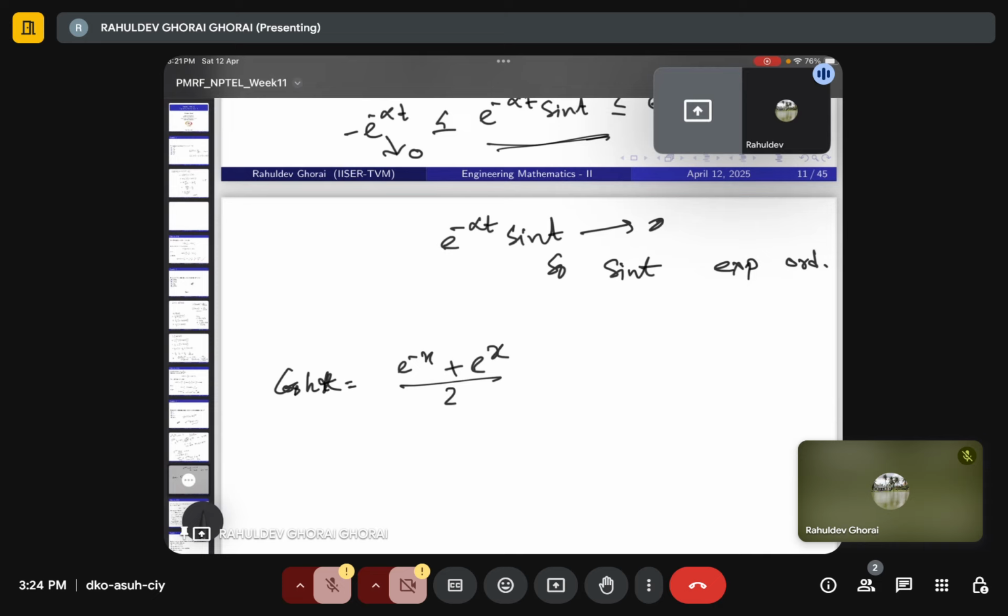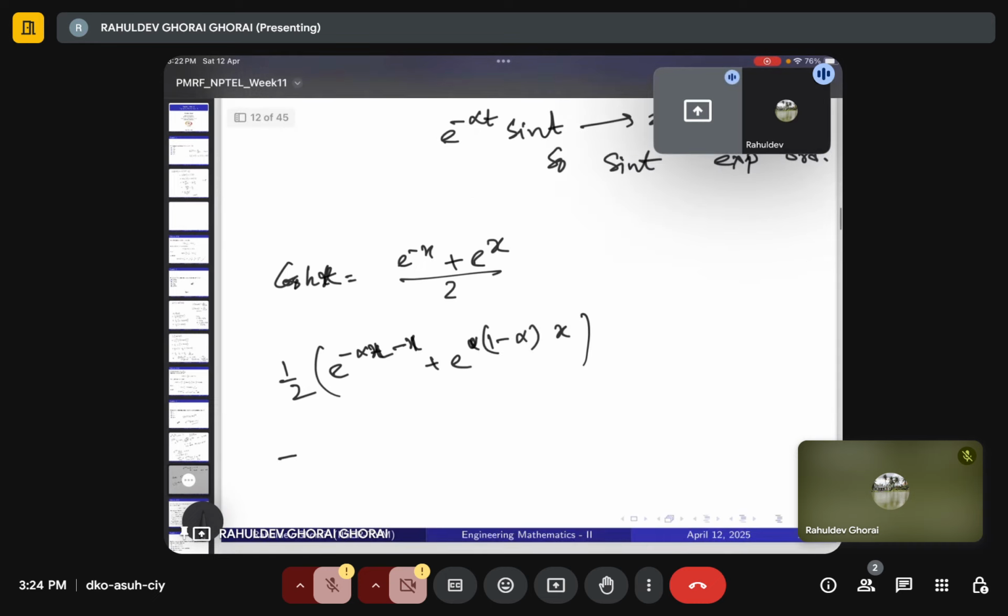Sorry, x. So if you multiply by e to the power minus alpha t, where alpha is positive, it will be half e to the minus alpha x minus 1 plus e to the power 1 minus alpha x.